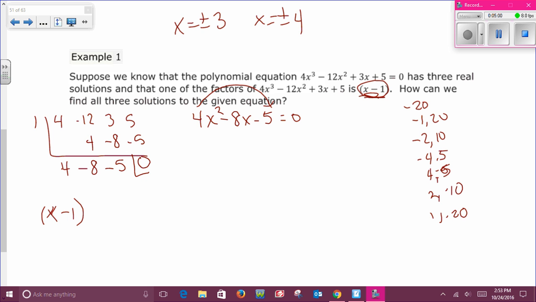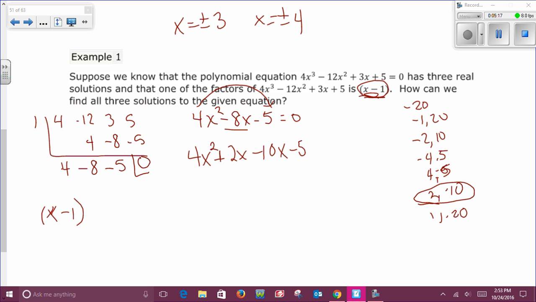And now I need to look for the pair that adds up to negative 8x, which is 2 and negative 10. So I'm just going to write this out as 4x squared plus 2x minus 10x minus 5 equals 0.